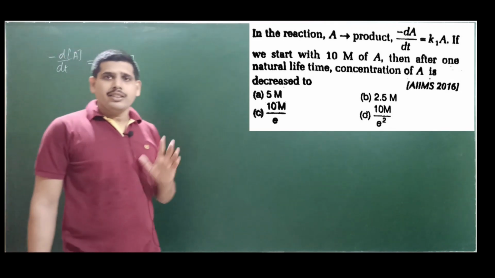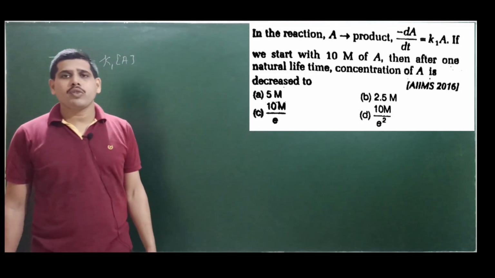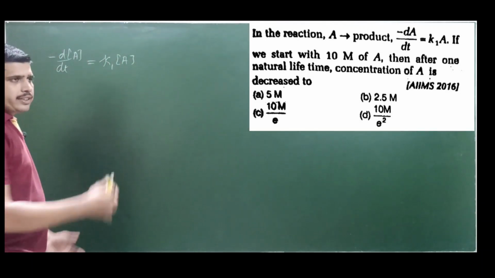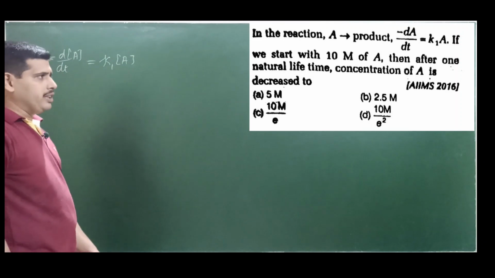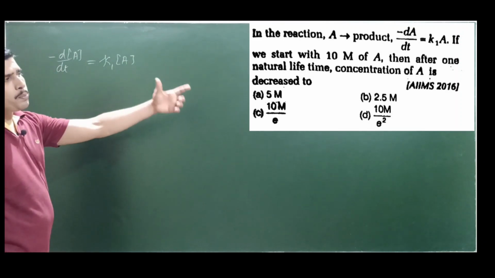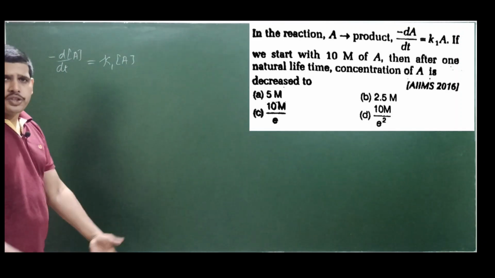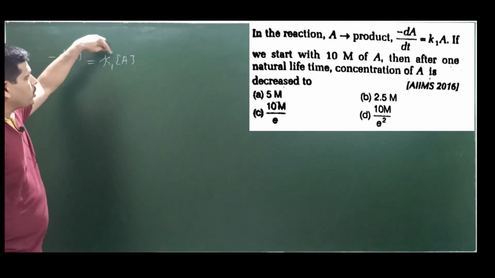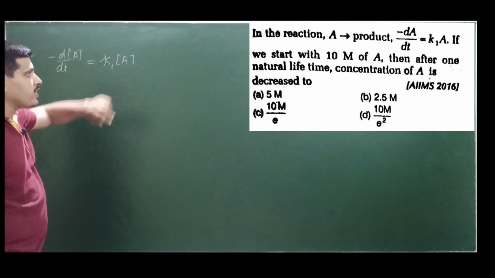What is the concentration of the reactant after one natural lifetime is the question. Of course, options are given in terms of e. The options suggest that it will be in exponential form. So, let us find out the order of the reaction. Since rate is equal to K1 into A to the power 1, it is a first order reaction.